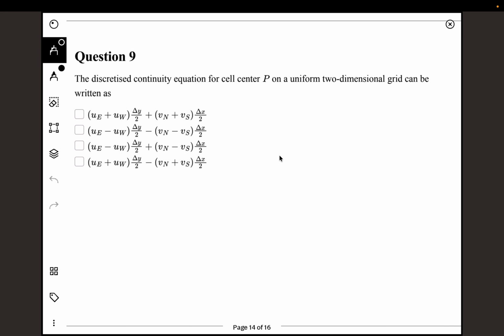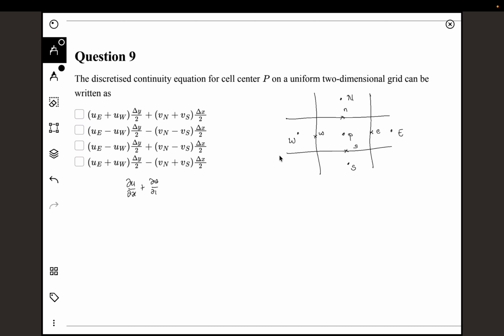The discretized continuity equation for cell center P on a uniform two-dimensional grid can be written as. Now, the last two questions are for the momentum equation. So this is for the continuity equation. Again, the domain is the same, and the continuity equation is discretized on the cell centers. So my equation is del u del x plus del v del y equals 0.